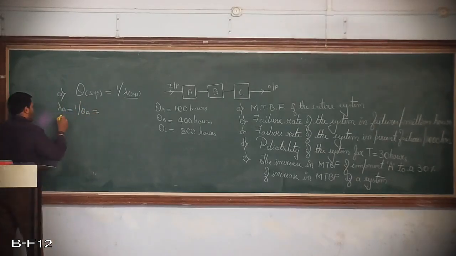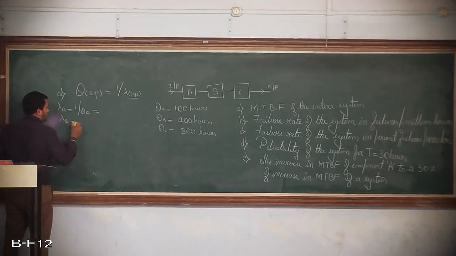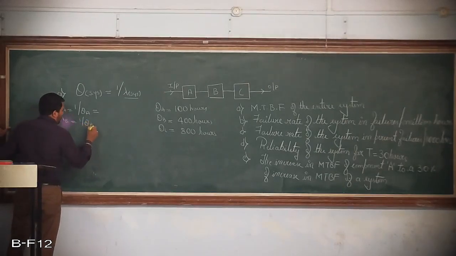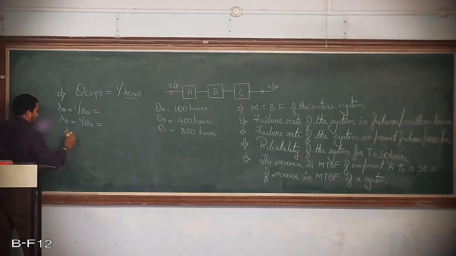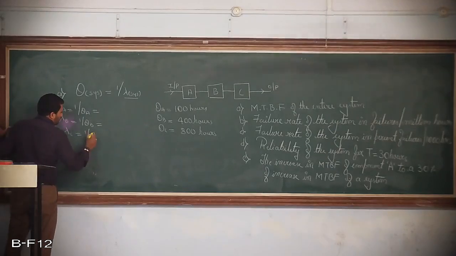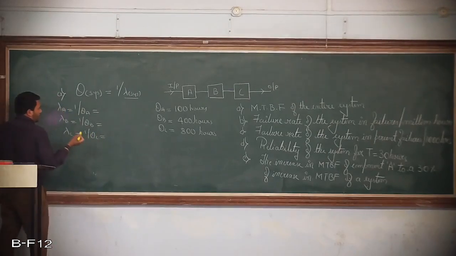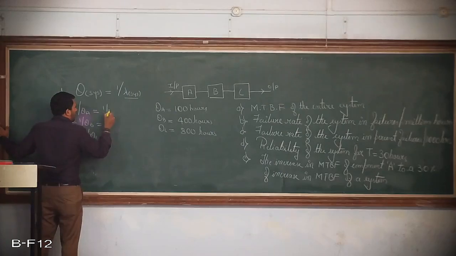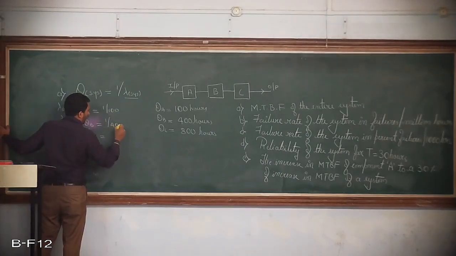Lambda B is equal to 1 by theta B, and lambda C is equal to 1 by theta C, that is 1 by 100, 1 by 400 and 1 by 800.